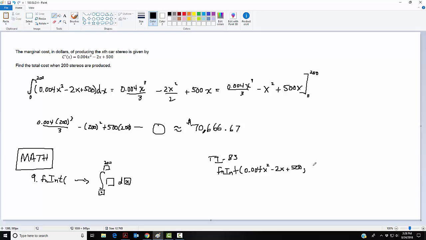You're going to put a comma. Just like you had to put in the x here, I'm going to put an x here, and then I'm going to put in the lower bound and the upper bound. And when you hit enter after this, you'll get the same answer as I said here. But this is the answer, and that's how you work this problem.